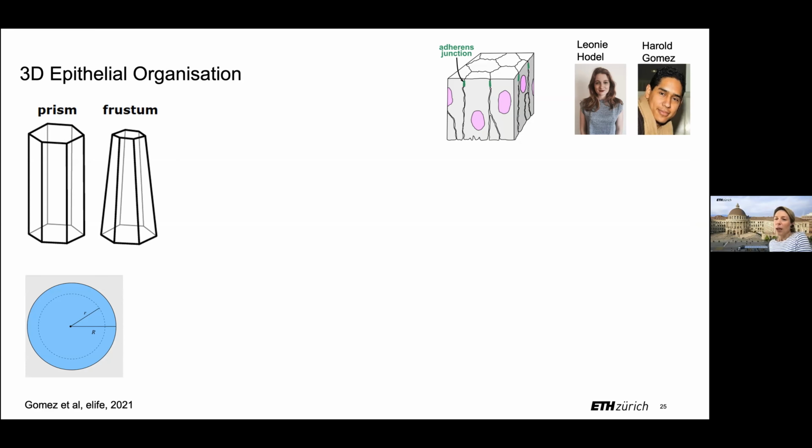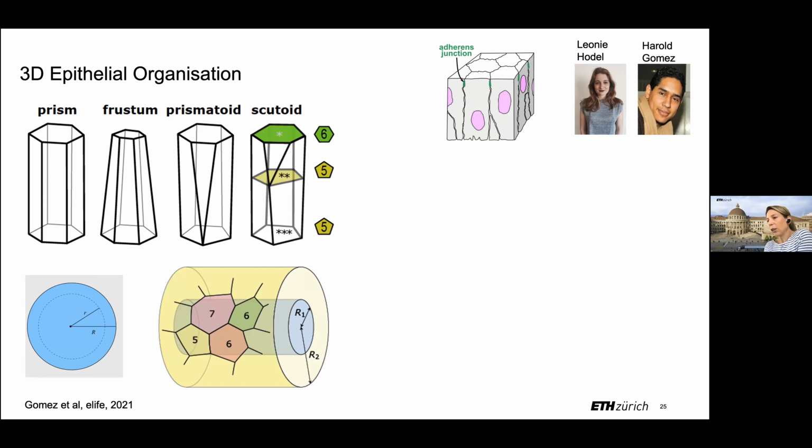Now, if an epithelium is curved, if you have a spherical epithelium, then those cells are typically depicted as frustum or prismoid, where you have the same number of neighbors on the apical and basal side, but because you're on this curved surface, your outer side is larger than the inner side, and so you have a uniform scaling of your polygon.